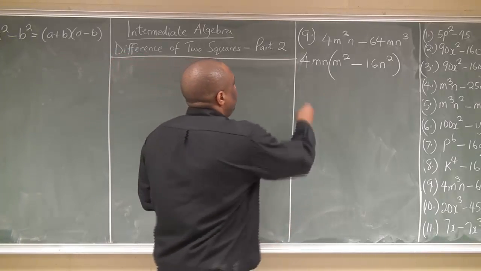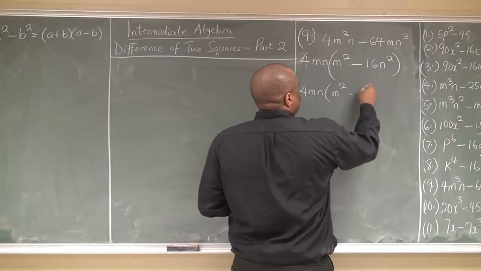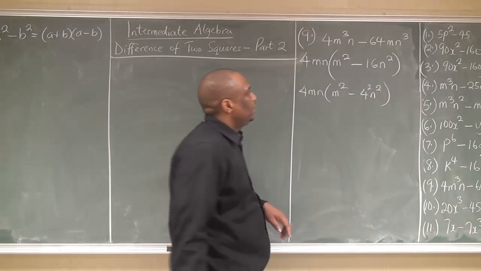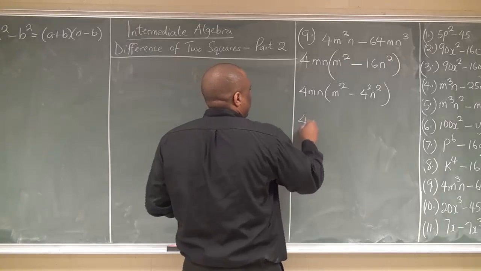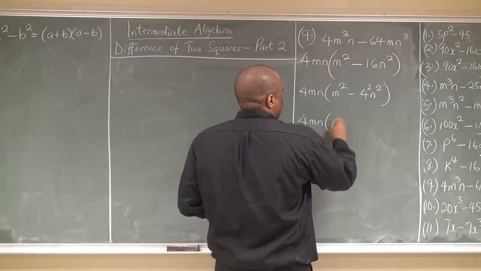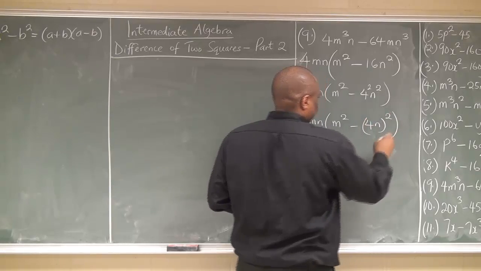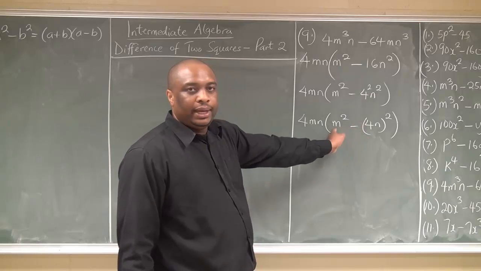So this will now be 4mn times m squared minus 4 squared n squared. Remember 16 is 4 squared. So this is now 4mn times m squared minus 4n all squared. And you can now do your difference of two squares here.